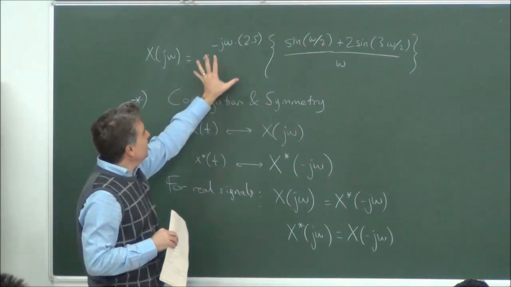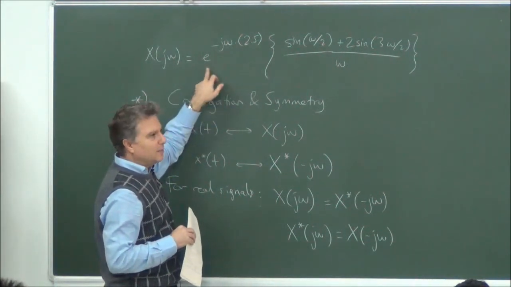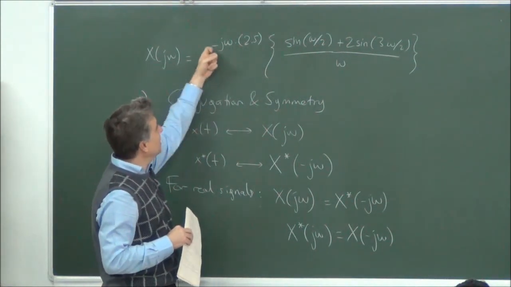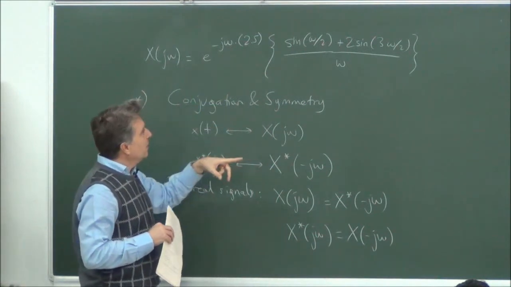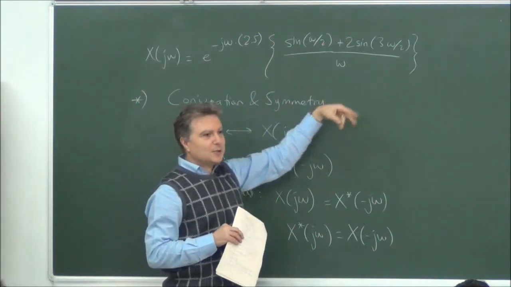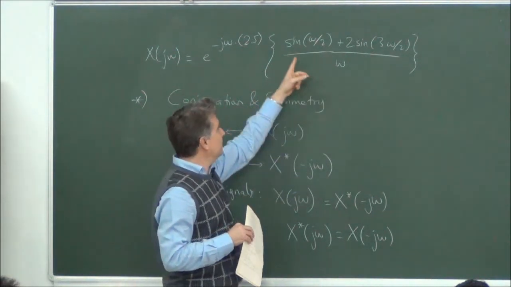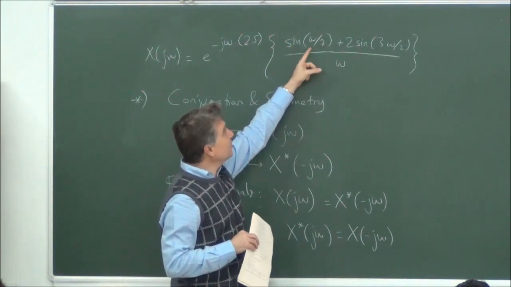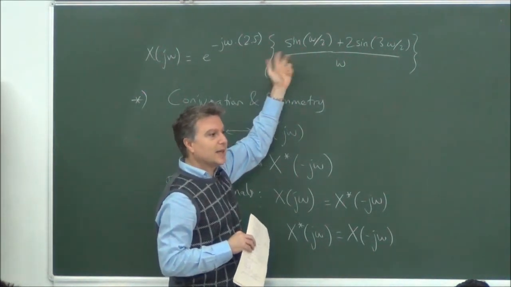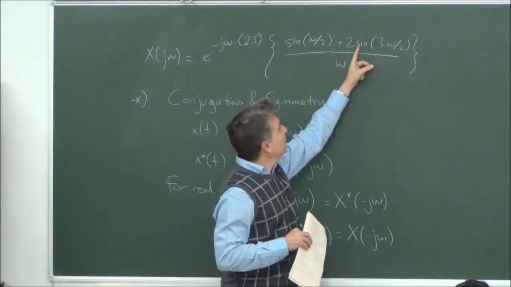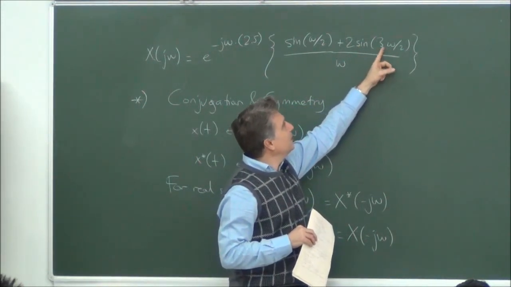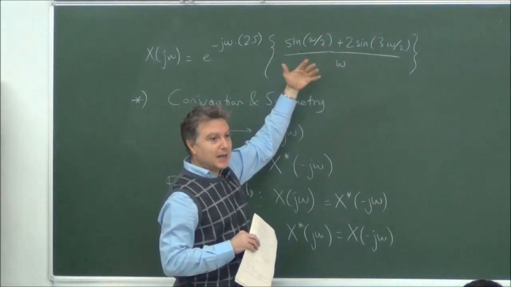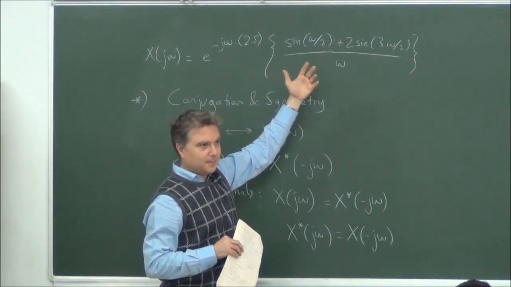It looks quite safe to say it just by looking at here, because this omega is replaced by minus omega, and it becomes therefore e to the plus j omega. But the right hand side is also disturbed here, and we have a sine here and another sine here. If you put a minus omega, sine of minus omega is minus sine of that thing. Same here. Sine of 3 omega, when you negate the omega, it becomes minus. So the numerator will become a negative expression.